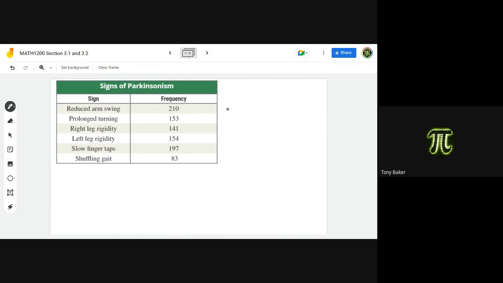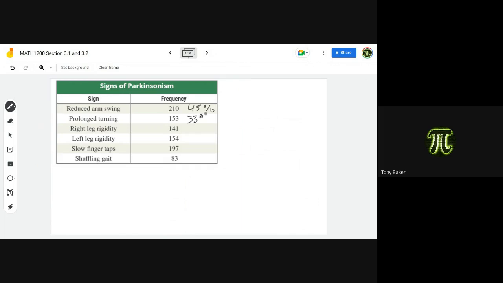So the first one you should get 45%, when you do 210 divided by 467. And then 153 divided by 467.